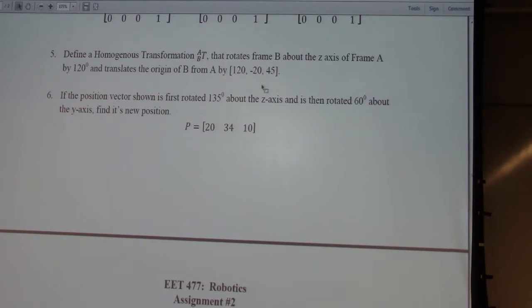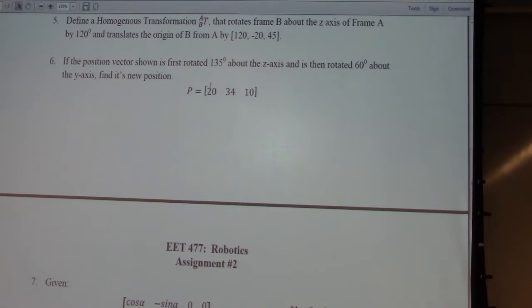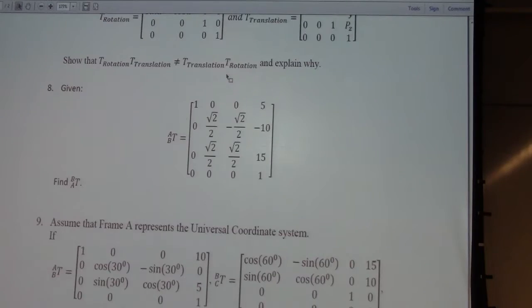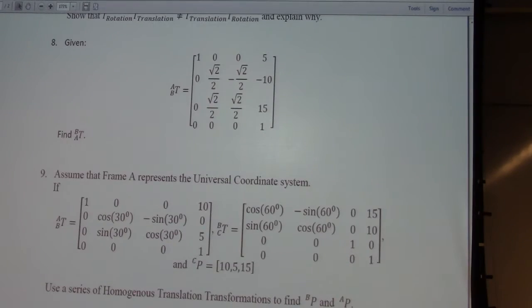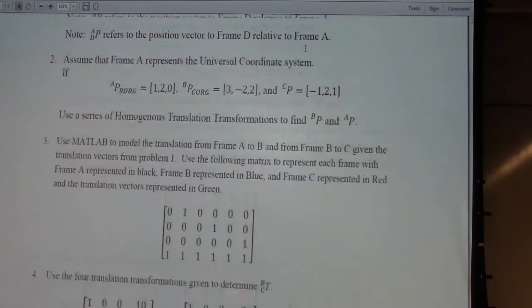And from there, we start getting into stuff that you've already seen, but we'll formally cover tomorrow in class. So by Wednesday, anyhow, you should be able to go through this assignment. Any questions on it? Okay.